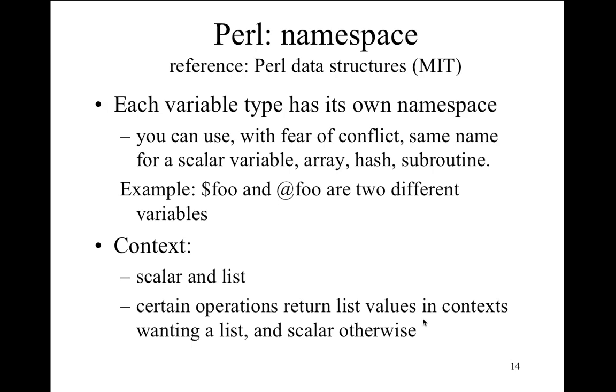So each variable type has its own namespace. So you can use, without fear of conflict, the same name for scalars, arrays, hashes, subroutines, everything. Each one of the different types has its own namespace. If I were talking C, I can have an integer i, a double i, and a float i. Because I have an integer, a double, and a float, the i's are all treated differently.